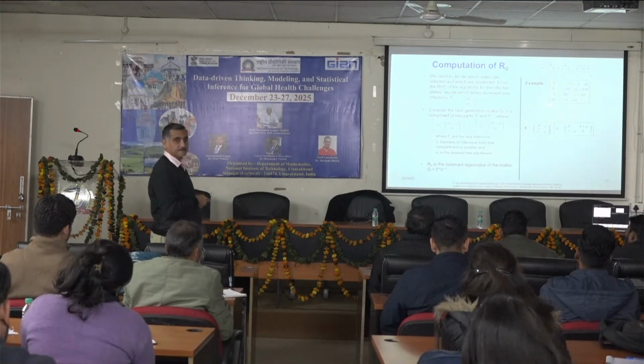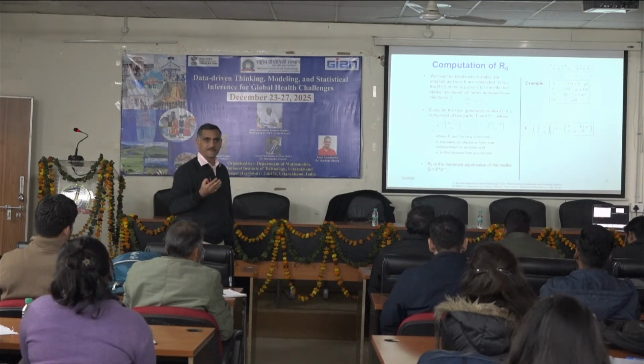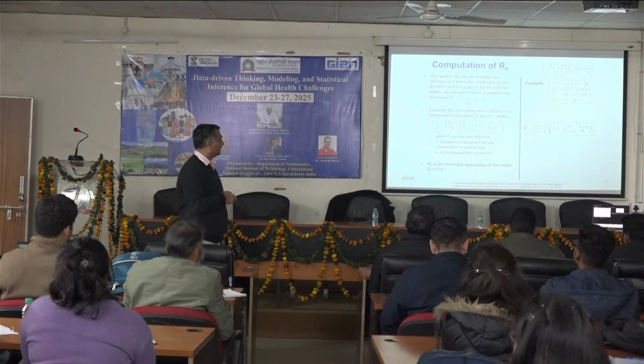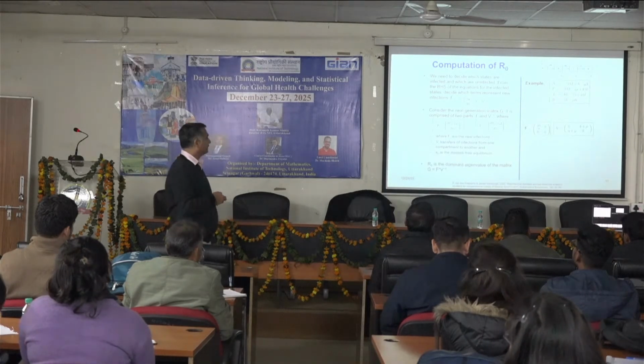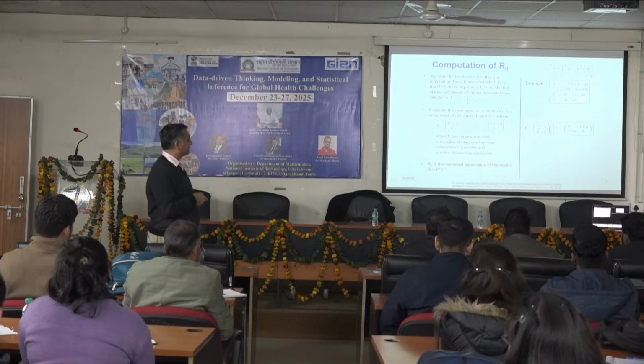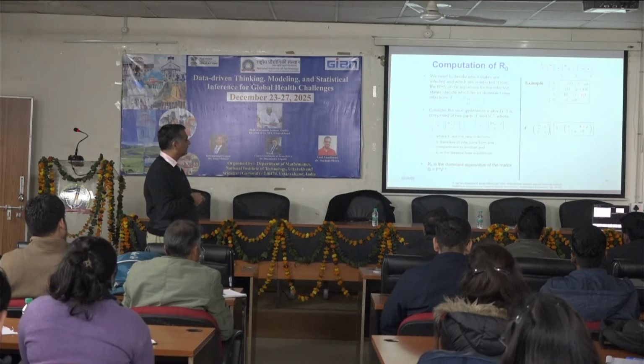E is people who are infected, exposed basically, but not infectious, and I is the people who are infectious. So you only take the E and I equations and you look for terms having new infection, and only this beta SI is a new infection, which is right here, and then the rest of the terms are here.